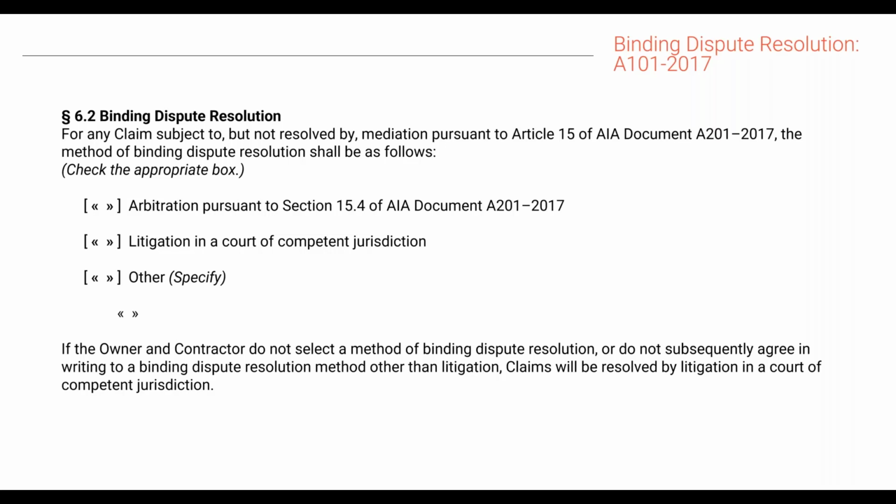You can have something called med-arb, where you start out in mediation, and if the parties can't settle, then the mediator becomes the arbitrator, and they render a final and binding decision. There's baseball arbitration, which is a little different than the standard, where the arbitrator is given a choice of highs and lows, or where they can go in terms of finding a resolution. They have to award within certain limits.